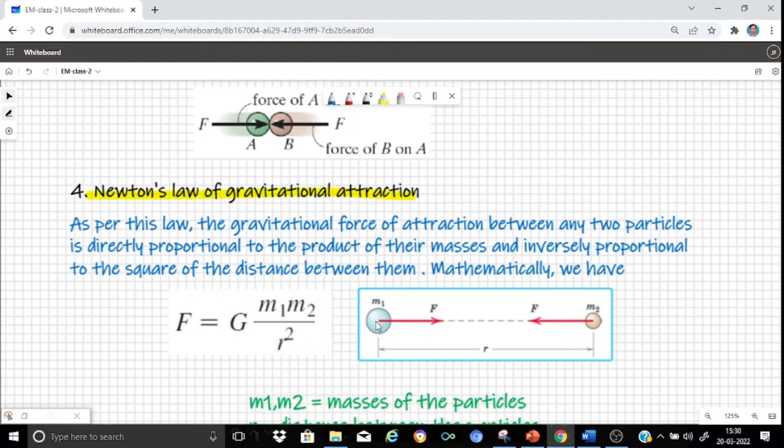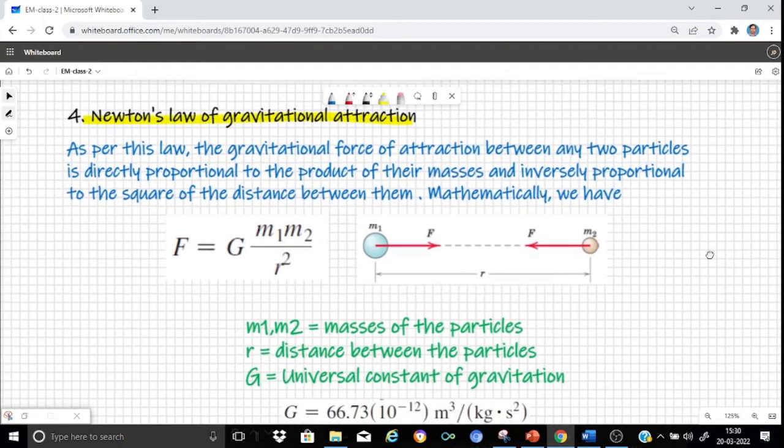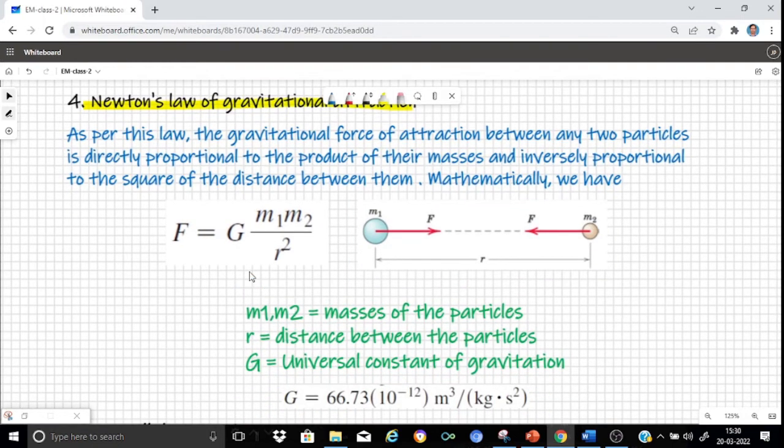As you can see, m1 and m2 are the masses of the two particles and r is the distance between them, and F is the so-called gravitational force of attraction. Please remember that there is a constant of proportionality, capital G, known as the universal constant of gravitation, and this is obtained as G equal to 66.73 into 10 raised to minus 12 meter cube by kg second square.